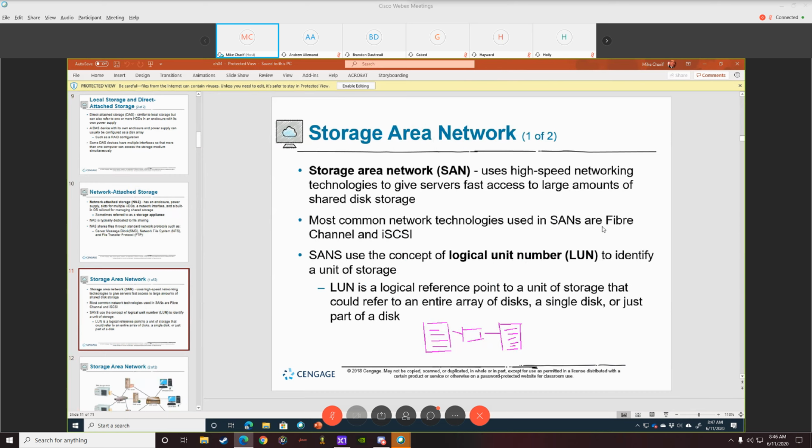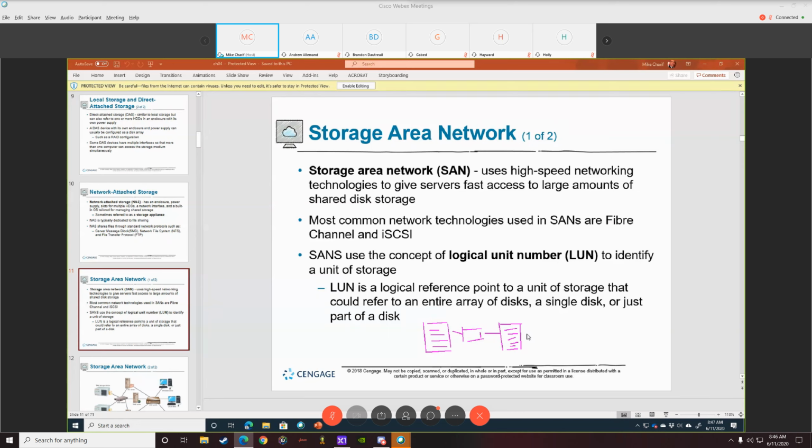Okay. SANs use the concept of logical unit number, LUN, to identify each unit of storage. Because you're talking about the server right here, the racks, maybe you have about 100 disks or whatever. A lot of hard drives in here.